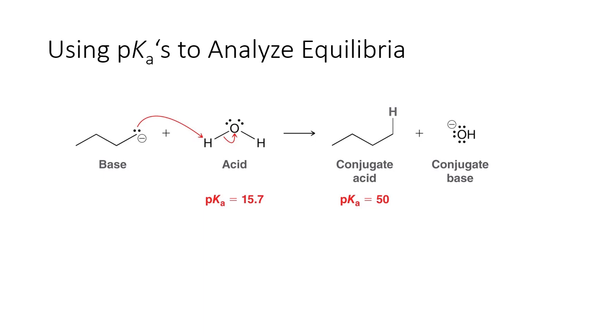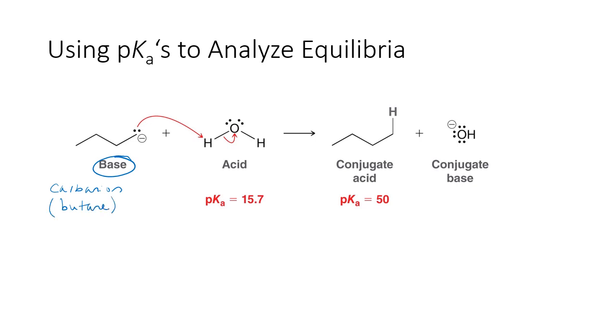Let's use these pKa values to analyze what side of this acid-base equilibrium is going to be favored. So here's just another example. We have a base, which is going to be a carbon with a negative charge. So this is a carbanion, and it's derived from butane.